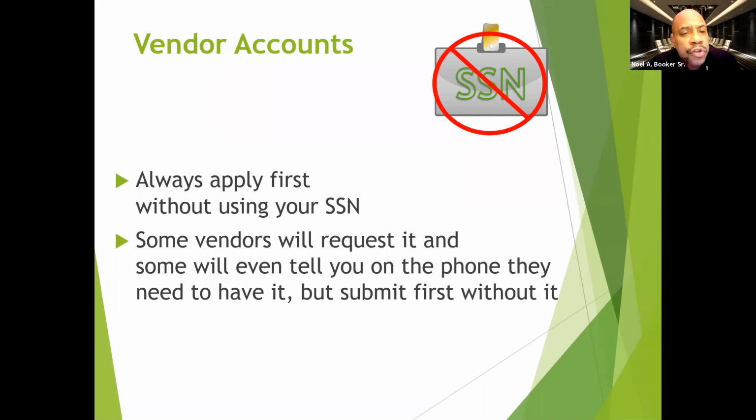Anytime you see the social security space on the application, you leave that blank. There's no law requiring that you put something in there. You look for the spot that says the EIN number, okay? You look for the spot that says EIN number and put that in and leave the social security number blank.